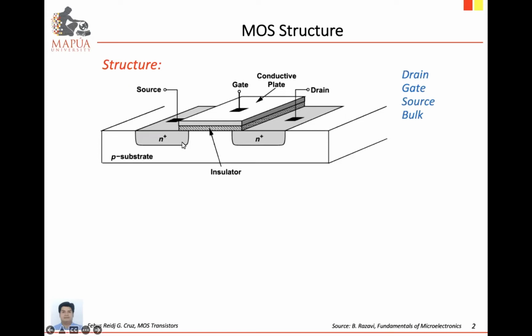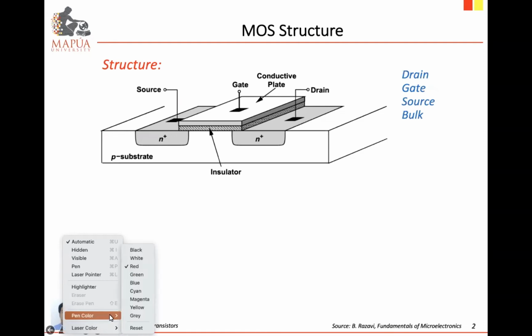The P substrate together with the drain and source comprise the semiconductor layers. Then above the semiconductor layers, you have the insulator, which is actually made of silicon dioxide or simply the oxide layer.